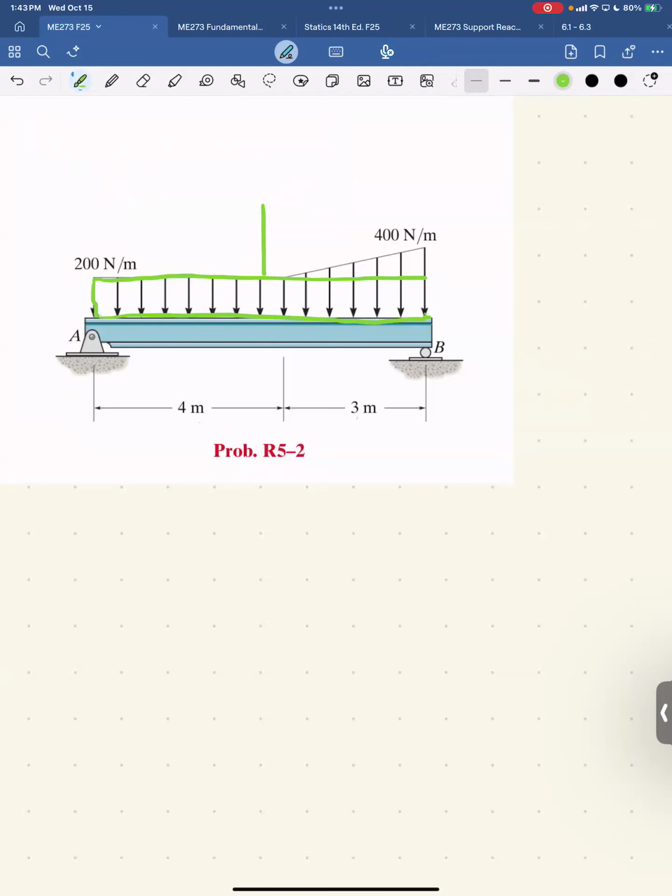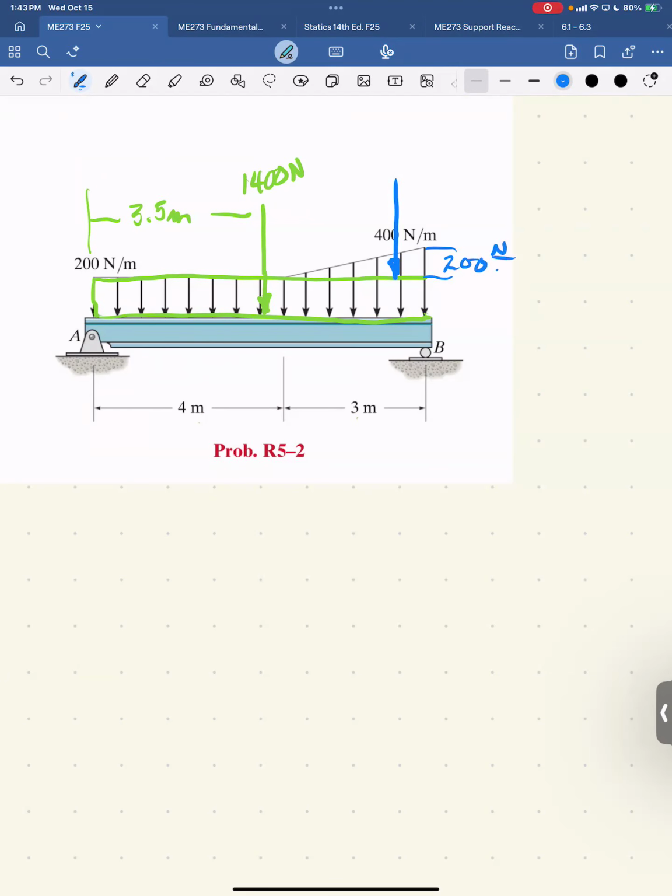This is 1,400. This is the resultant of the rectangle. And it's halfway in the beam, so it's 3.5 meters from here. And now we're going to switch to blue and we'll do the triangle. Well, the triangle resultant force is 1/2 the base, which is 3, times the height, which is this amount right here, which is 200 newtons per meter.